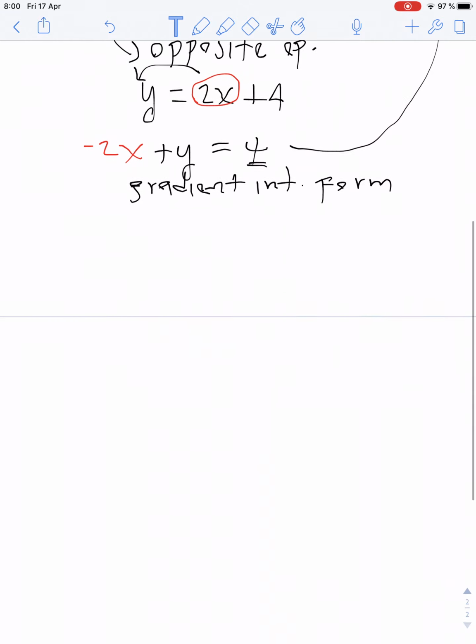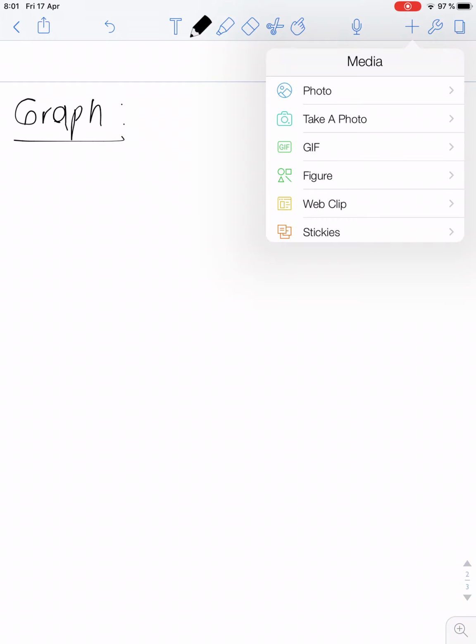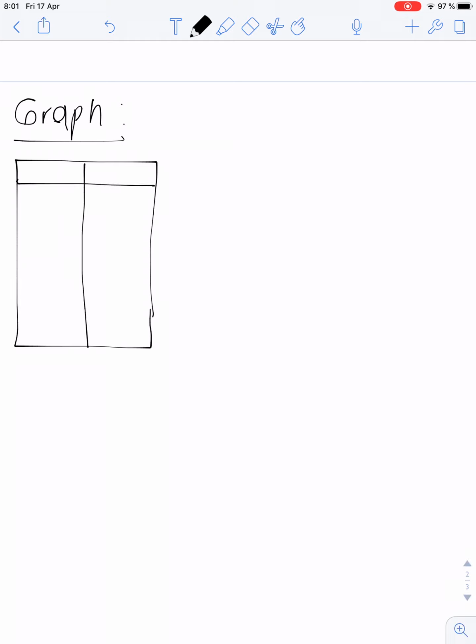Now for this kind of equation we can find a graph. How to graph a linear equation? For example, we're going to create a table. We have this expression, 2x plus 4.